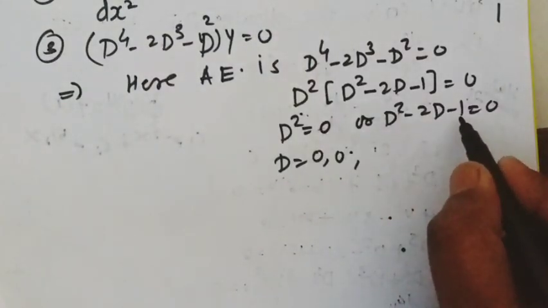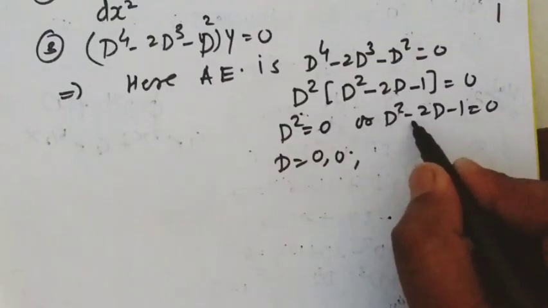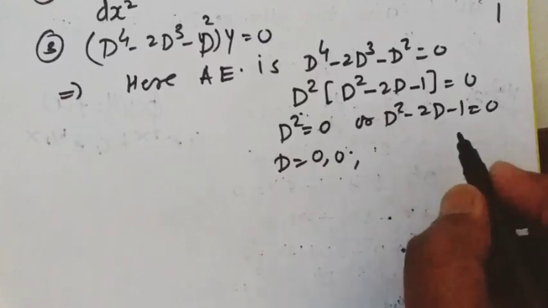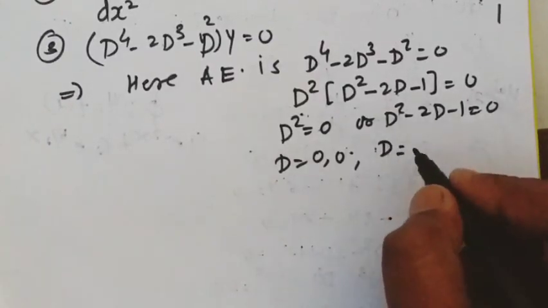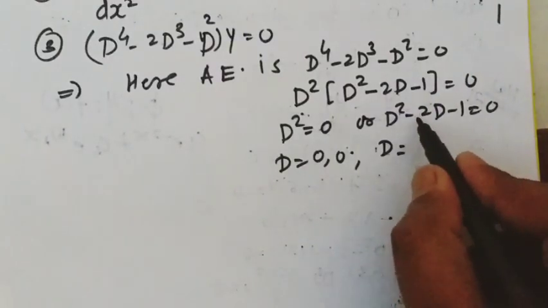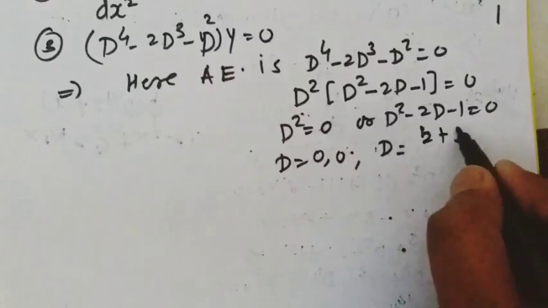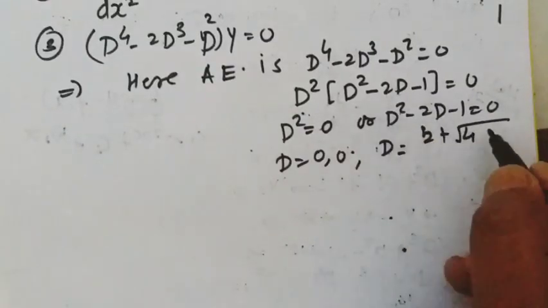So let us check whether it is factorizable or not. Sorry, it is not factorizable. We can't find factors of minus 1 which will give us the addition as required. So the formula that we apply is the discriminant formula: minus b, which is here minus minus 2, so plus 2, plus minus square root of b square minus 4ac.